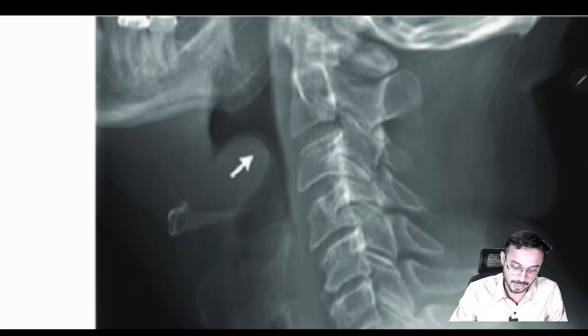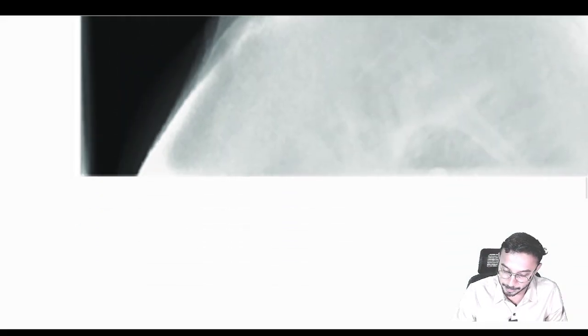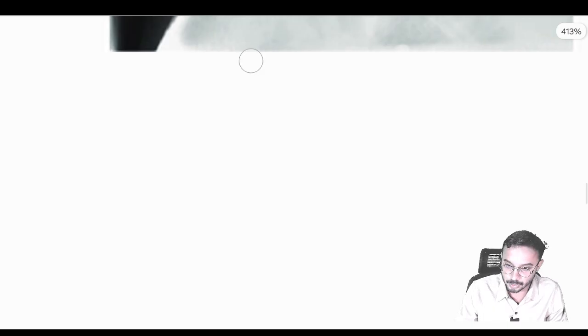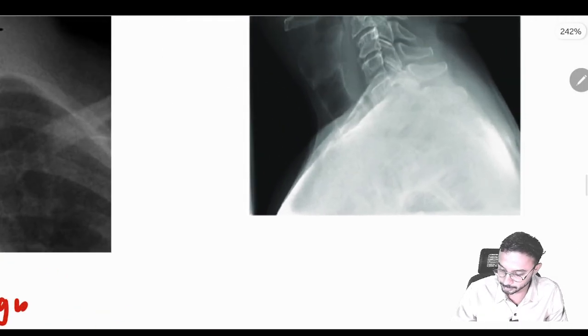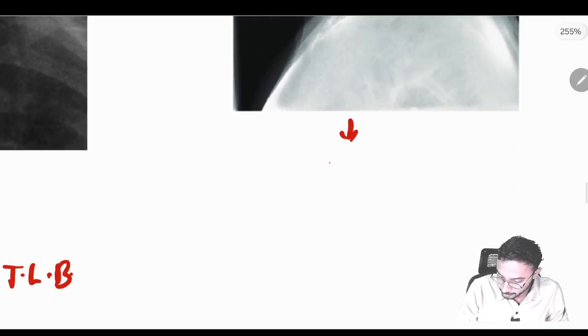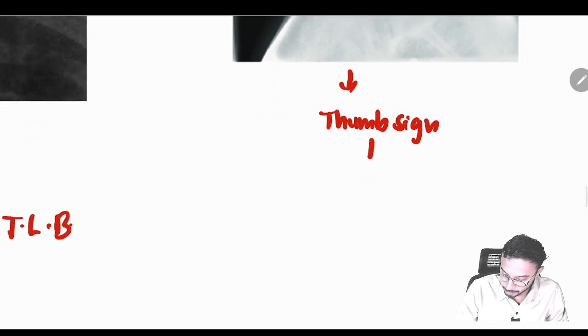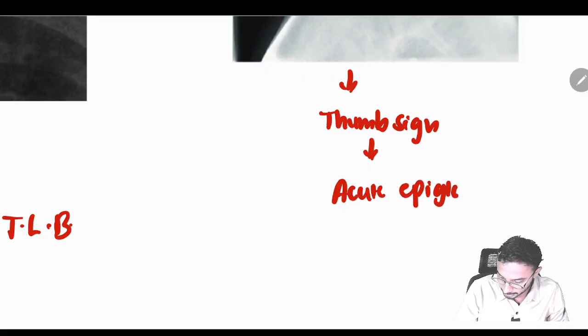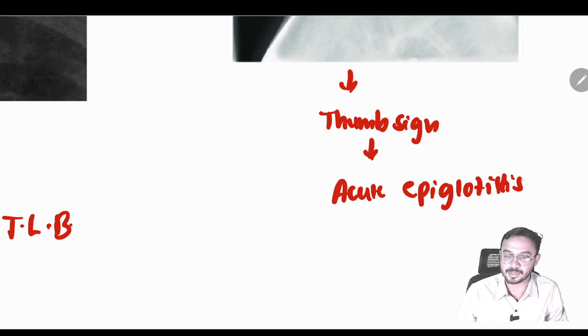So this is a thumb sign, which you will find in acute epiglottitis. Okay, so this is the thumb sign.